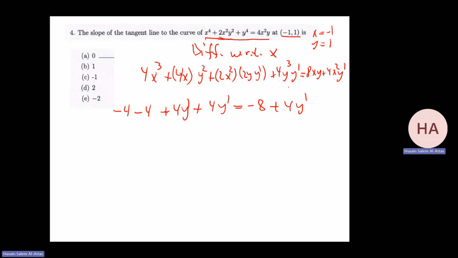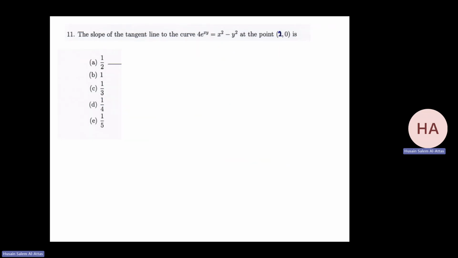So arrange the y prime in one side, take these to the other side. Okay, so I have 4y prime minus 8 plus 8, which is 0. So y prime equals 0. That's it. This is the slope.